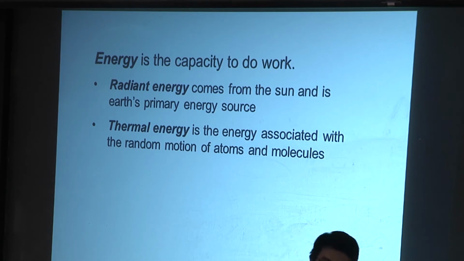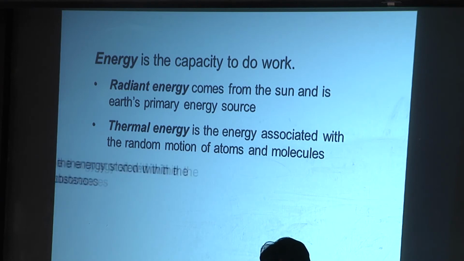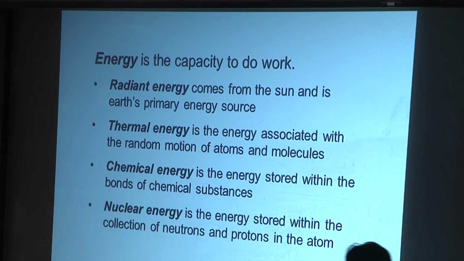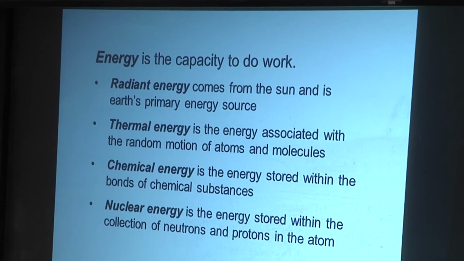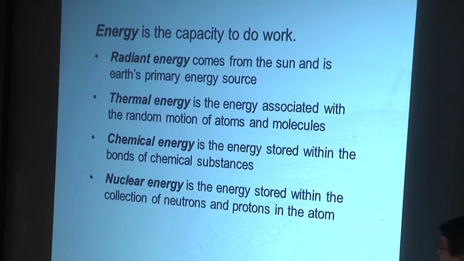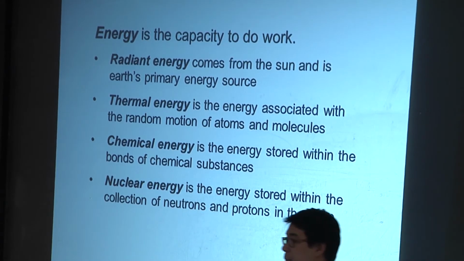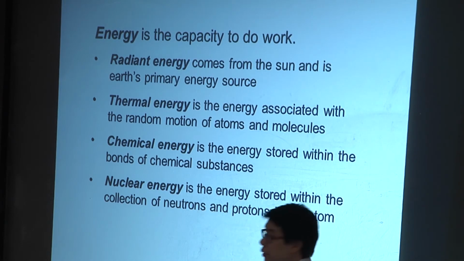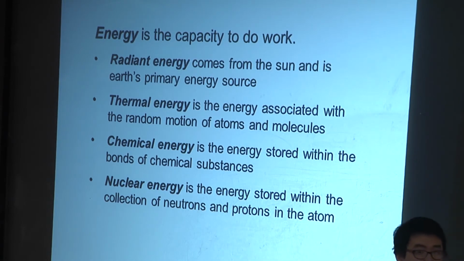It is the energy associated with the random motions of atoms and molecules. Chemical energy, the energy stored within the bonds of chemical substances. Nuclear energy, energy that's stored within the collections of neutrons and protons in the nucleus of the atom. Nuclear energy is something that we revisit in Chem 2, if you take Chem 2.